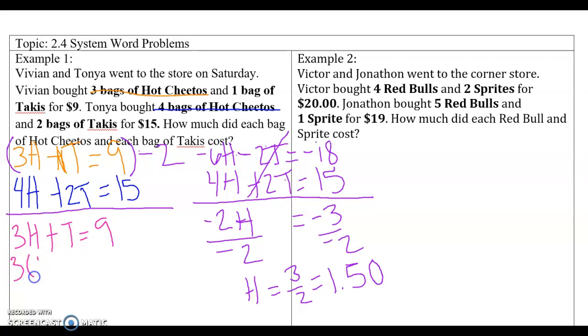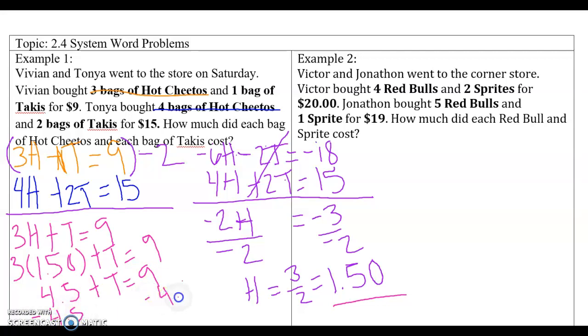So I have 3 times $1.50, because I know each bag of hot Cheetos is $1.50, plus T is $9. 3 times $1.50, type that in the calculator, and it tells me 4.5 plus T equals 9. To get T by itself, subtract 4.5 from both sides, and 9 minus 4.5 is 4.5. And since this is money, I have to say $4.50.